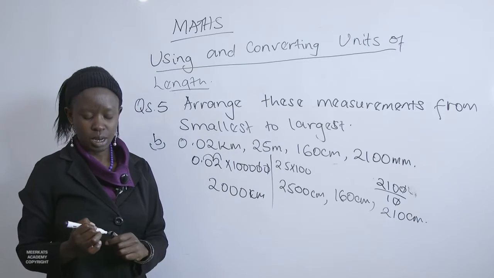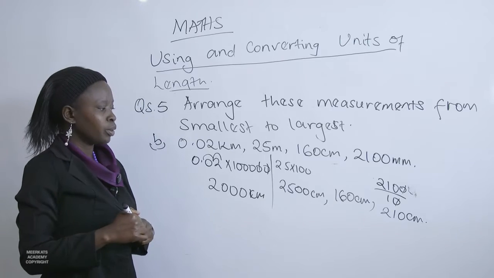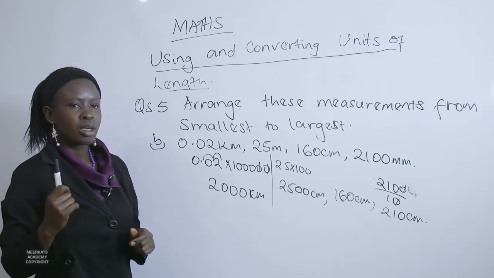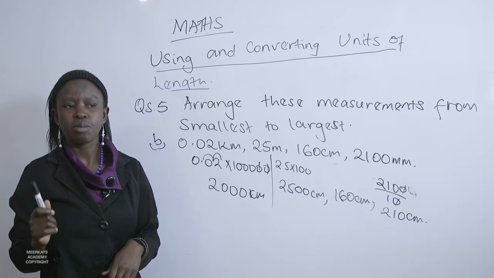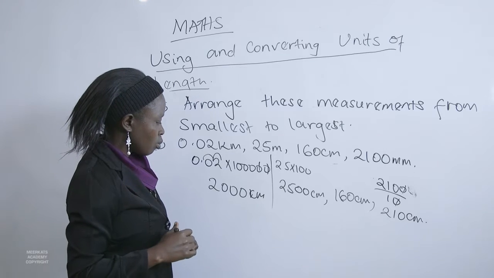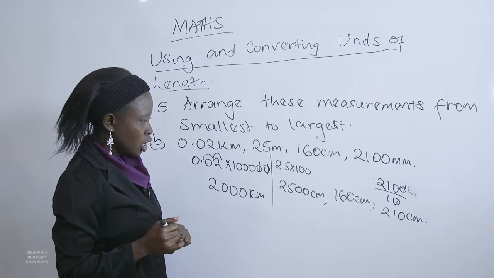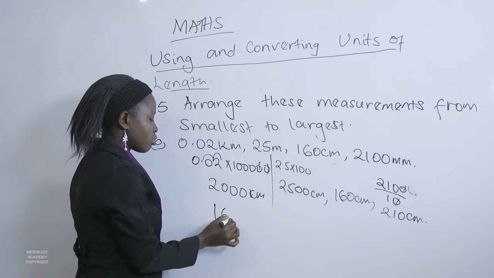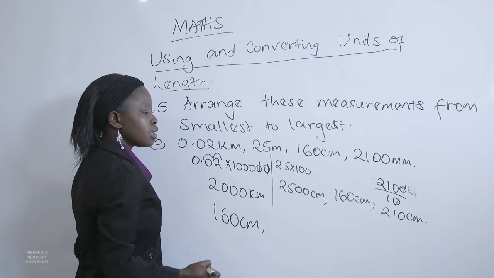From there, we can now go ahead and compare which one is the smallest and which one is the largest. Remember, we are arranging from the smallest to the largest. From the list we have, we discover that the smallest is 160 centimeters.